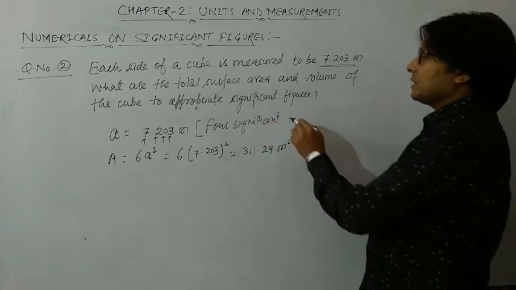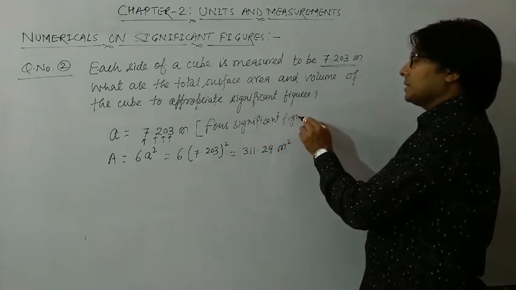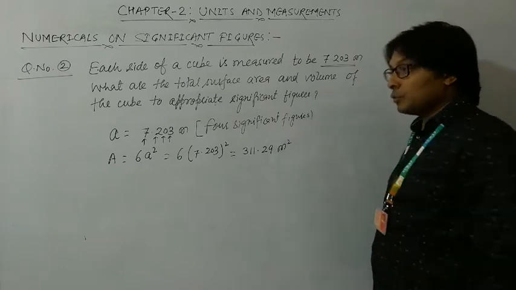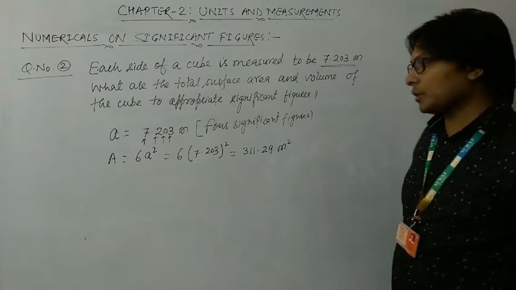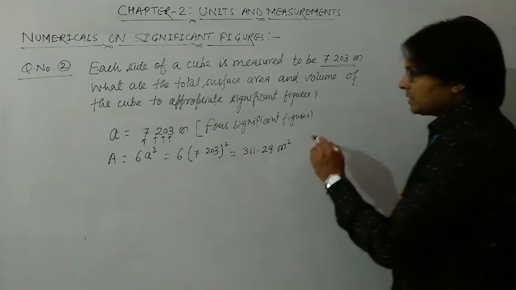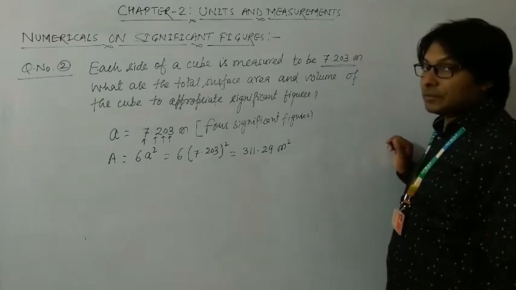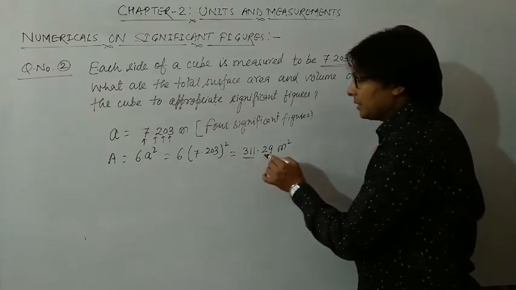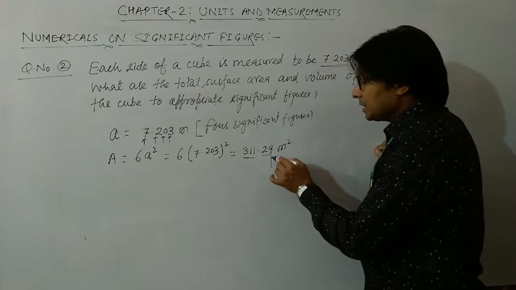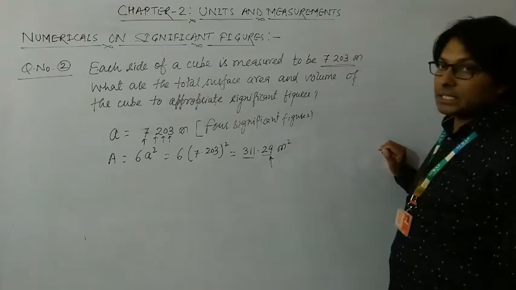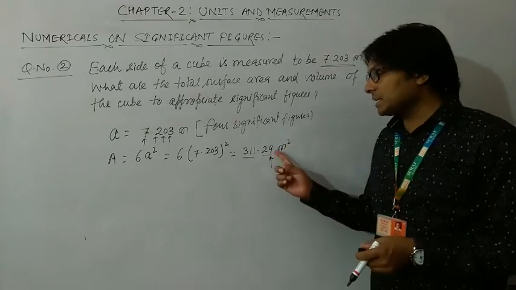So 4 significant figures are there in the side, therefore there must be 4 significant figures in the final result also, as per the rule of arithmetic operations. So here the number of significant figures is 5, you can say 3 and 2, 5. So we have to just drop out this insignificant digit, that is 9.